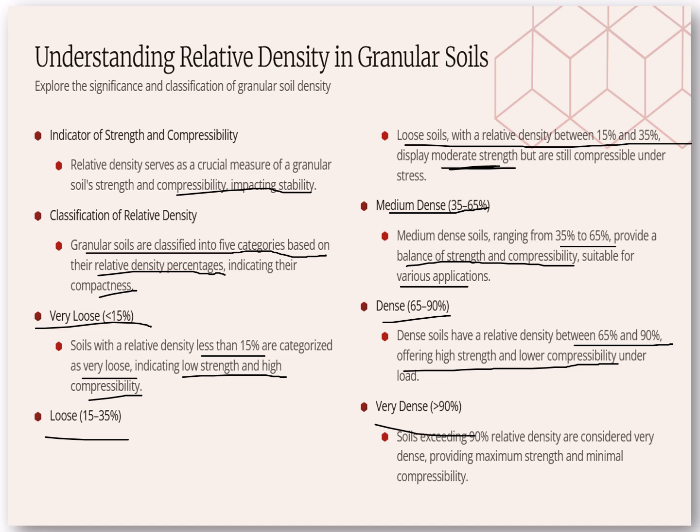Very loose soil has low strength and high compressibility, but dense soil has high strength but lower compressibility under load. Very dense: soils exceeding 90% relative density are considered very dense, providing maximum strength and minimal compressibility.